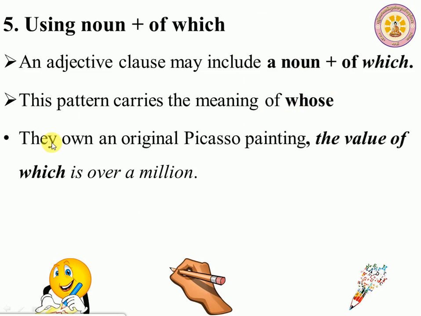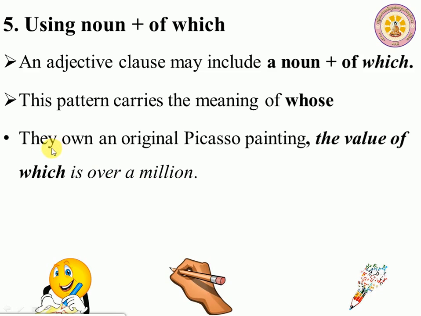This includes a preposition as well. Example: they own an original Picasso painting, the value of which is over a million dollars.